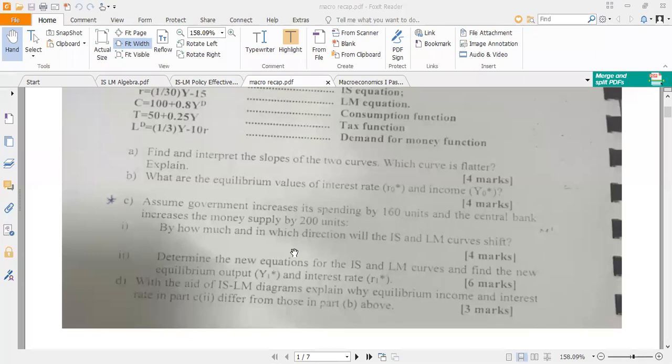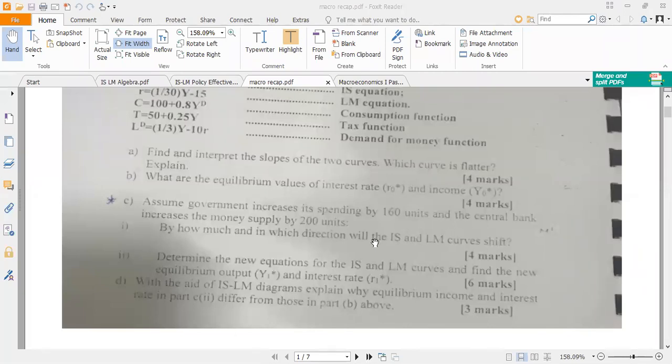If you want to know the magnitude of change, that is the by how much, what you have to do is find the change in Y resulting from the change in government spending by 160. That is for the IS curve. This one, there is only a change in government spending.